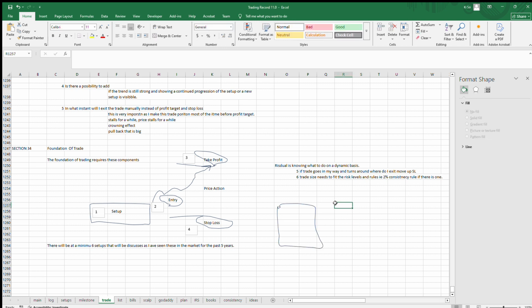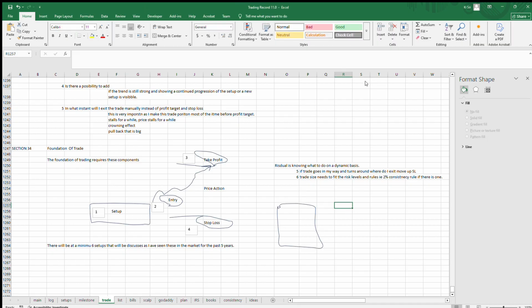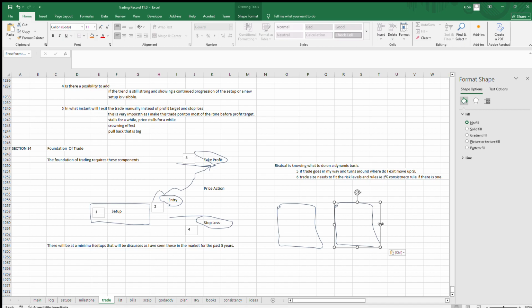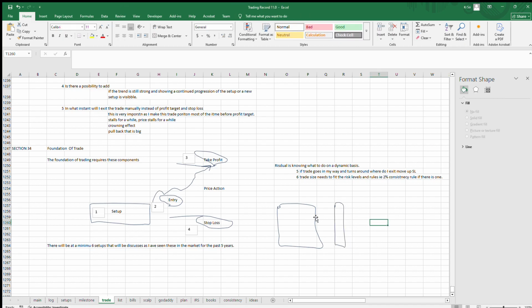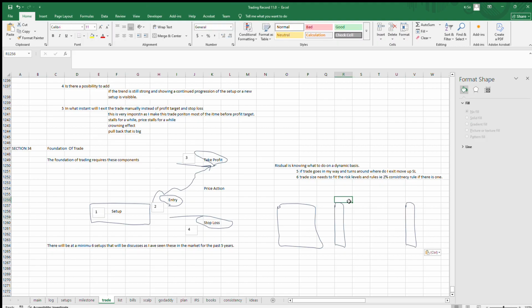Then there's going to be the start. And this is going to be the finish.